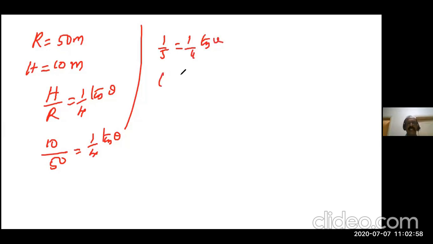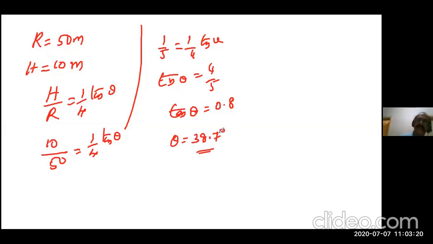So tan theta is equal to 4 by 5, which is 0.8. Now check the corresponding angle for 0.8: 38.7 degrees. Theta is equal to 38.7 degrees. For this, you have to use the log table.